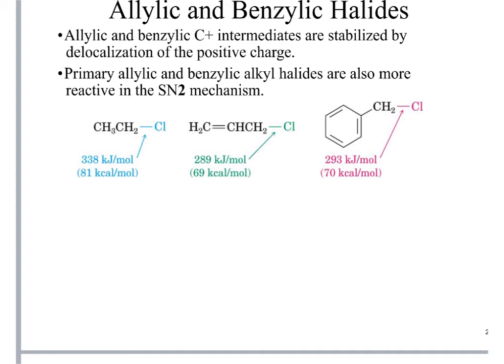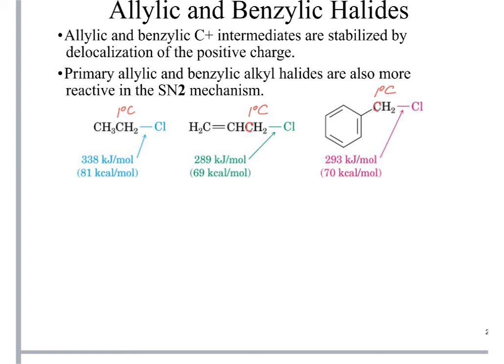If we compare the bond dissociation energies of bonds between primary carbon atoms and chloride, in each case we have a primary carbon. We see that for the primary alkyl halide, that bond is a little bit more stable, between 10 and 15 kilocalories per mole depending on the structure, owing to the resultant delocalization of the carbocations that are allylic and benzylic.